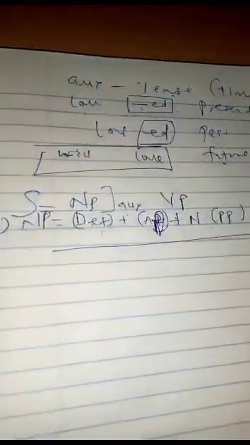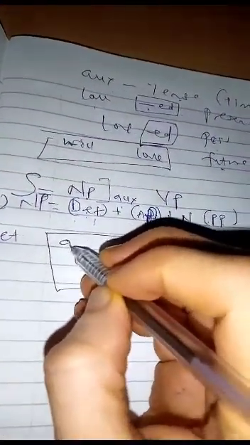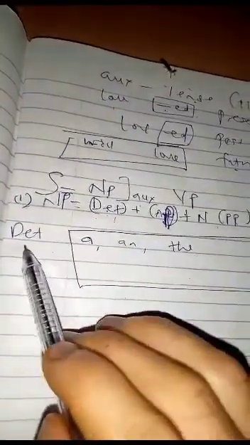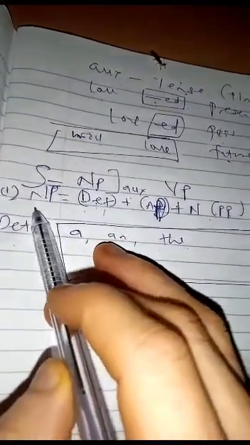A determiner simply are three in number, a, an and the. Once you have this, you have a determiner. No more, no less. And the determiner is always inside the NP. That's why you see NP like this.